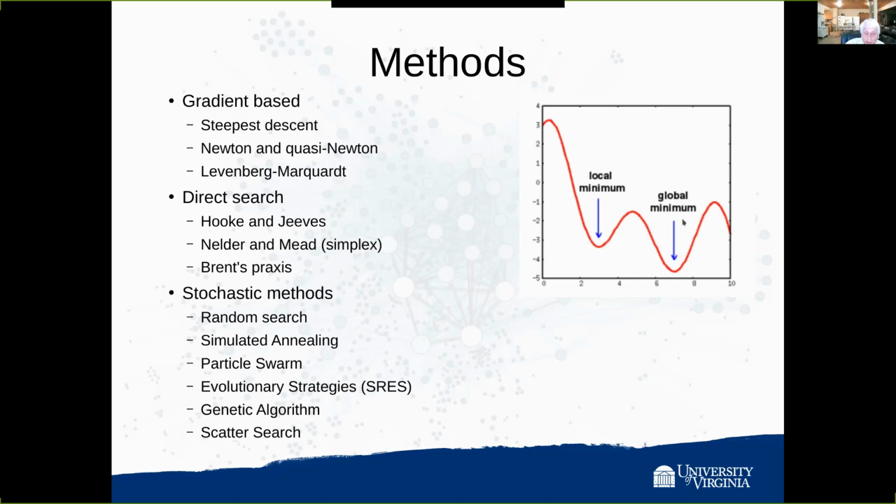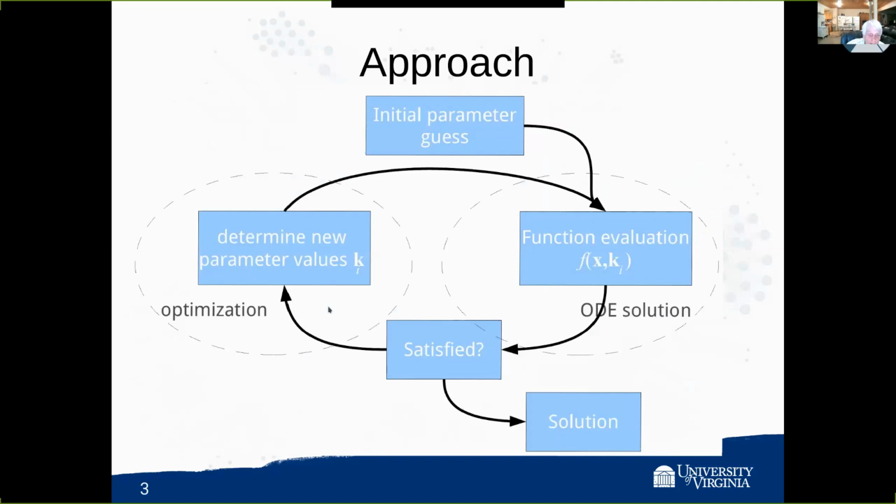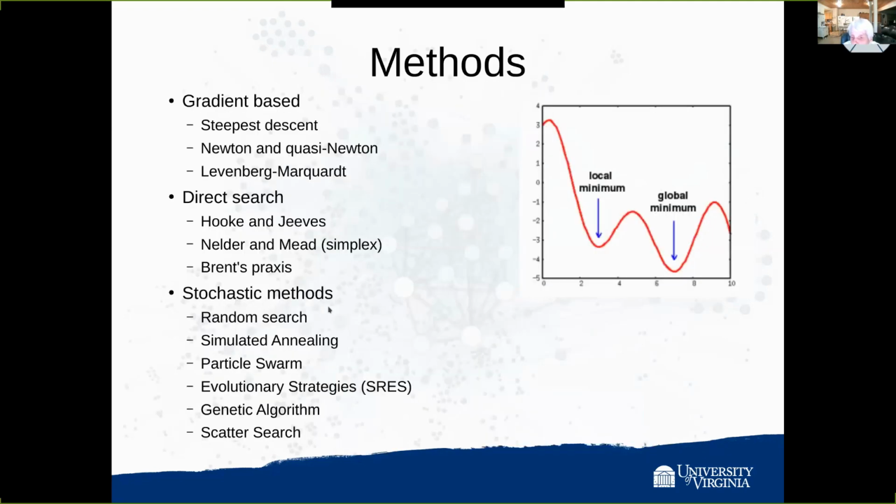And this is a problem which most gradient-based methods have, or actually all. For direct search methods, it's similar, but they sometimes are able, if you have initial values on both sides, to actually find the global minimum. Stochastic methods are normally sampling the whole space of parameters, and they tend to find the global minimum, so they are far more computationally intensive.